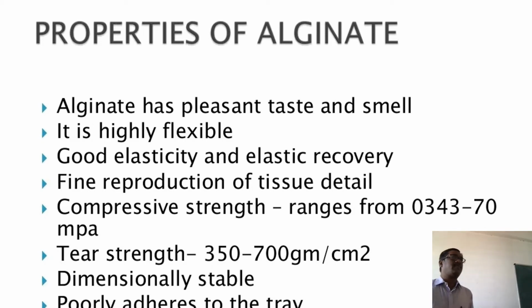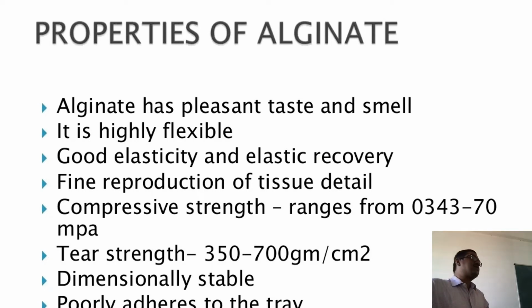So coming to the properties of alginate. So alginate has pleasant taste and smell. That's why manufacturers added some flavors to the alginate, to make it comfortable for the patient.